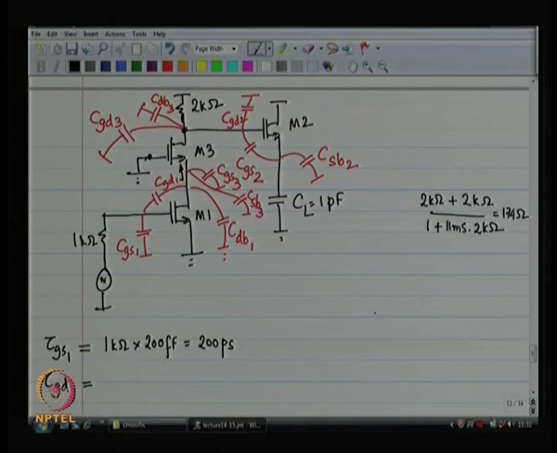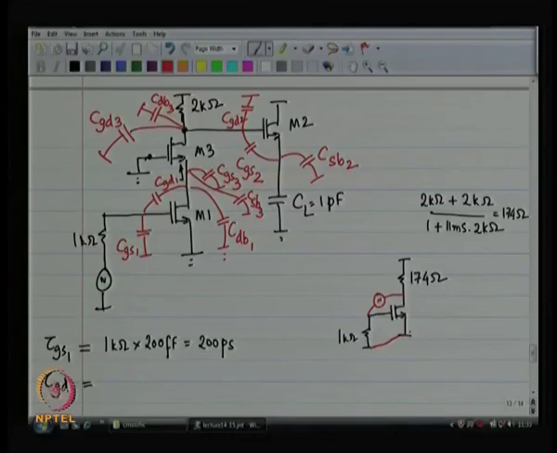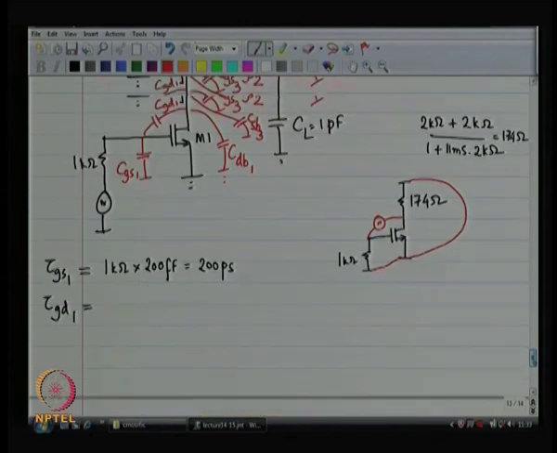So, what we have got is something like this. And we want to apply a voltage source across gate and drain. Now, what I am suggesting that you do is instead of the ground being at the source, why don't I redraw this circuit with the ground at the gate?